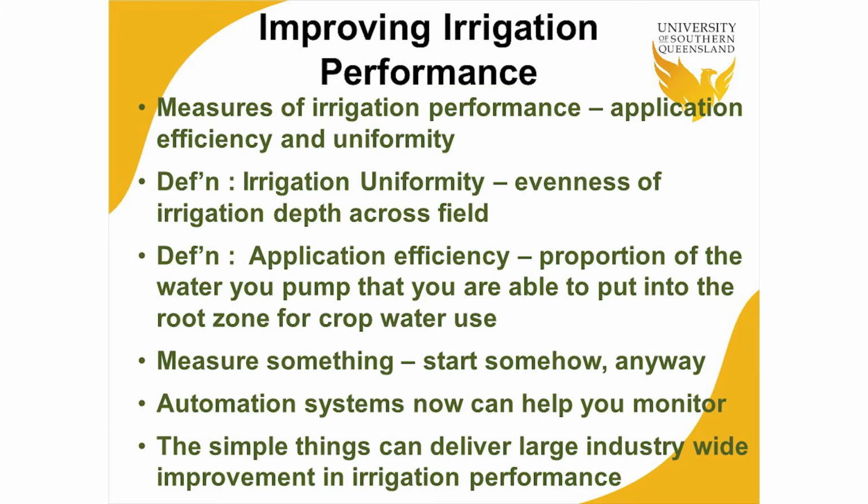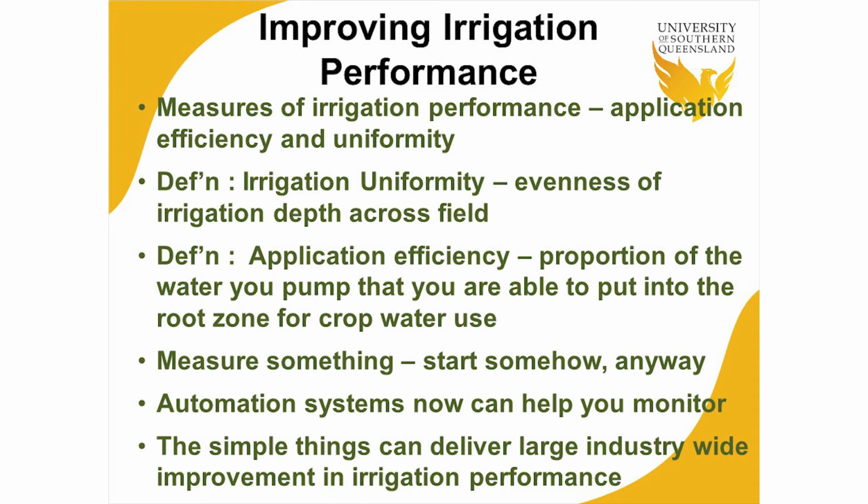So improving irrigation performance is really about managing some of these things, and these two key focus areas are typically around the uniformity and the application efficiency. The uniformity is about getting the water that you apply as even as possible right across the whole field, whereas the application efficiency is all about trying to lose as little as possible from the water source into your crop root zone.